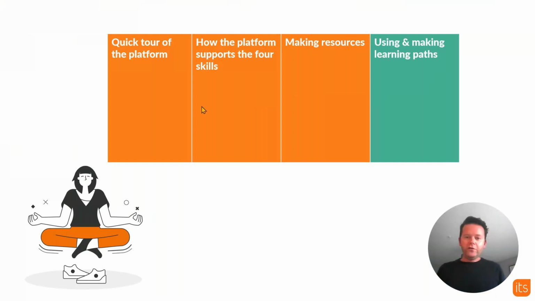If you have any questions right now, please feel free to ask. And if not, that's also fine. What we will do is continue on with the second portion of our session today, and that is using and making learning paths. I don't see any questions in the chat at the moment, so I think I will continue, if that's all right with you.